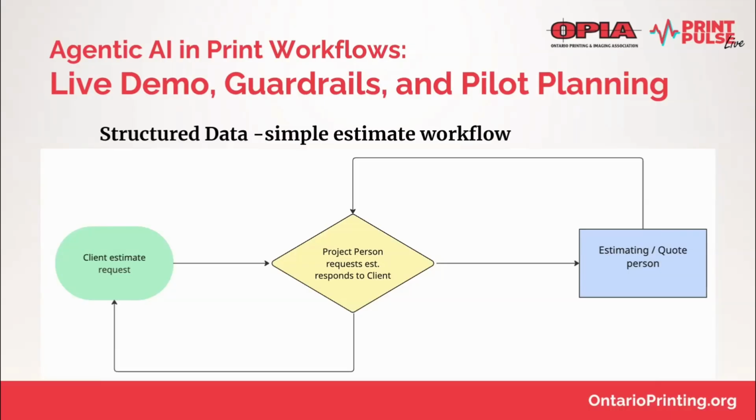brain power to process. So the basic workflow normally would be something like this. The client requests a price from a project person or CSR or production coordinator or whoever that person is, maybe a sales rep. That person reviews to make sure the information is all there and accounted for, and gives it to a senior staff person or estimator who does the pricing, passes it back to that first employee who then gives it to the client.